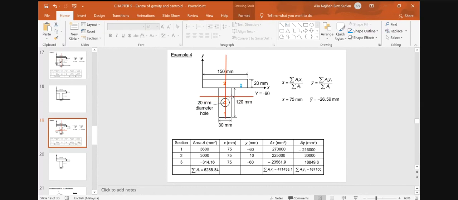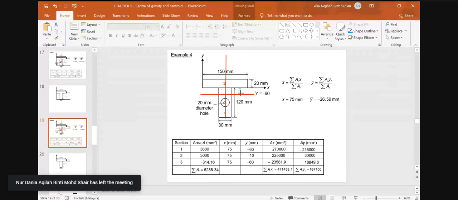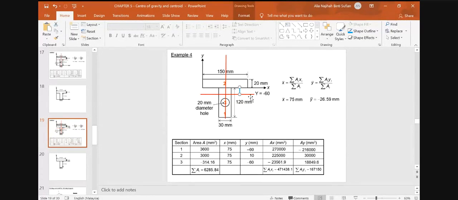That means it is below the X axis, for negative 26.59. Okay, so it is somewhere there. The negative 26.59 is measured from the y-axis to the centroid here.